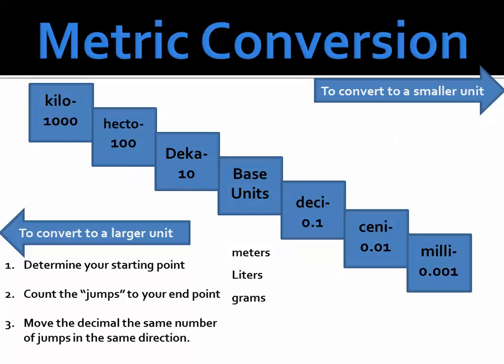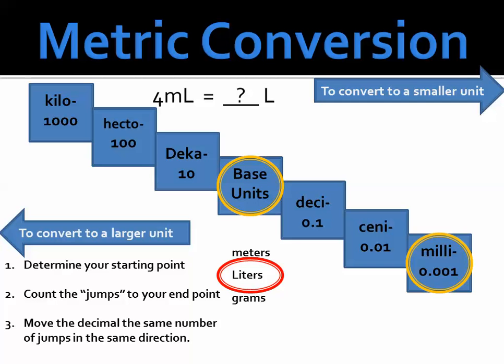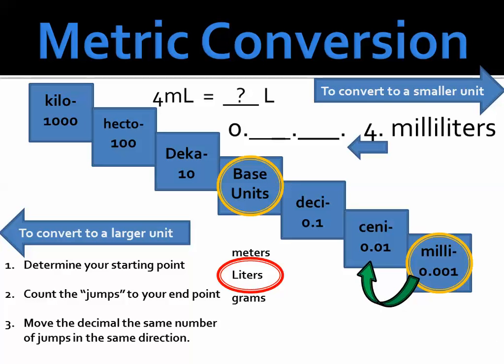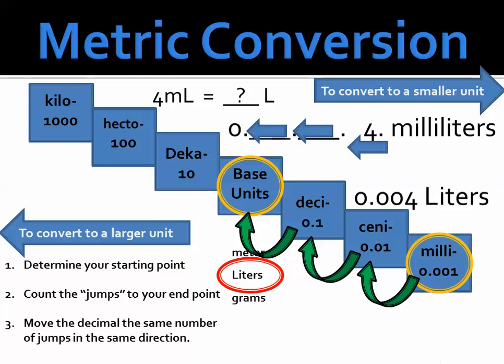Now let's convert 4 milliliters into liters. Milli is our starting point. To get to the end point liters, we have to move the decimal 1, 2, 3 places to the right, giving us an answer of 0.004 liters.